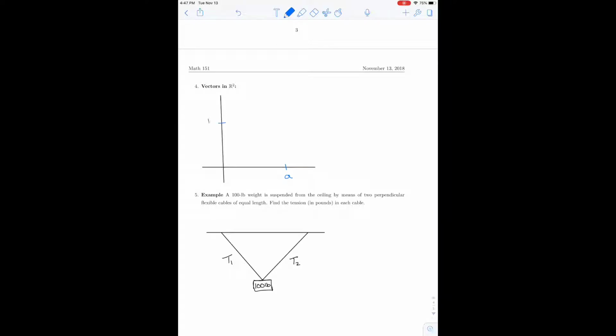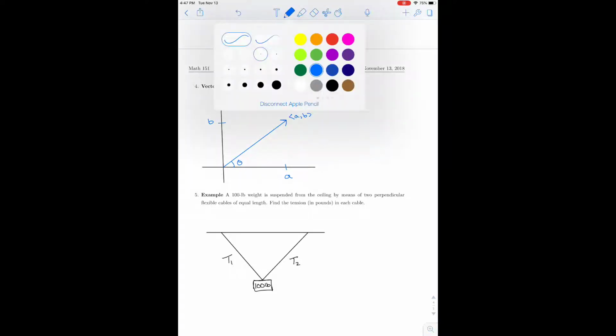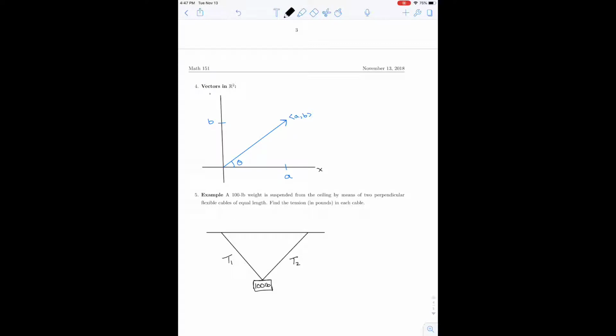I'm going to draw the vector A, B. And I want to be able to describe that vector not just by its distance A in the x direction and B in the y direction, but maybe possibly as an angle from the origin, or an angle from the x-axis. I'll go ahead and label these axes. So I want to describe them as an angle from the x-axis and maybe a distance r.